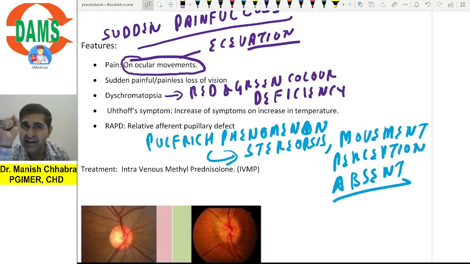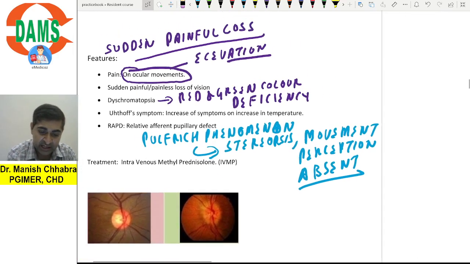So when you shine the light in one eye, if the right optic nerve is involved, the stimulus is not going to the pretectal nucleus of the midbrain. If there is no stimulus received by the pretectal nucleus, there is no stimulation of the internuncial fibers which are going to stimulate the Edinger-Westphal nucleus. Hence, there will be no pupillary constriction. Yes, so these are features.